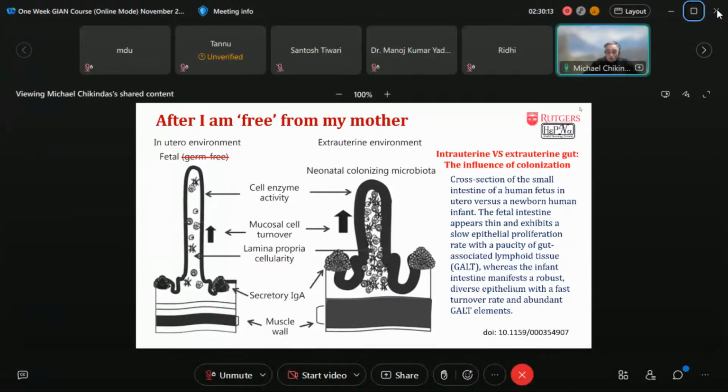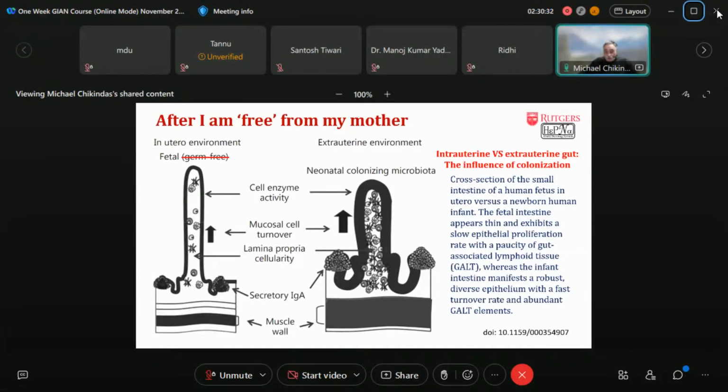So we have a cross-section of the small intestine of the human fetus in utero versus the newborn. The fetal intestine appears thin, so it's really underdeveloped yet, and exhibits low epithelial proliferation with positive gut-associated lymphoid tissues.